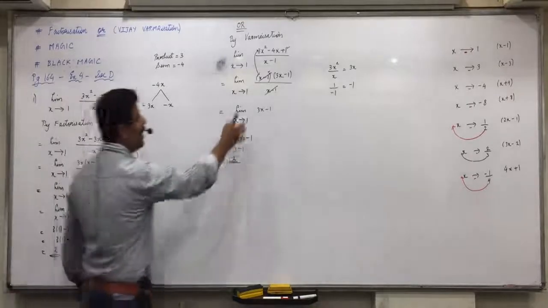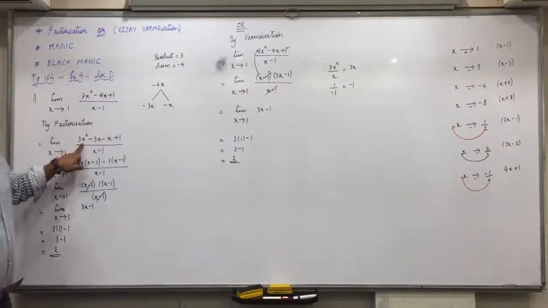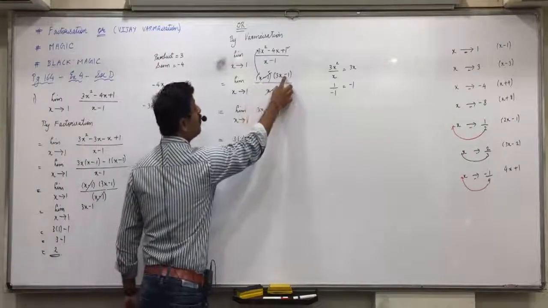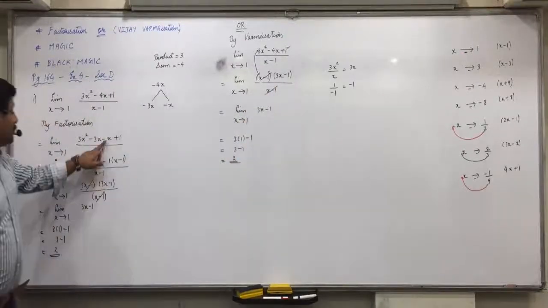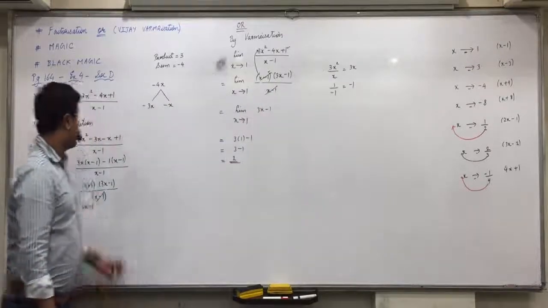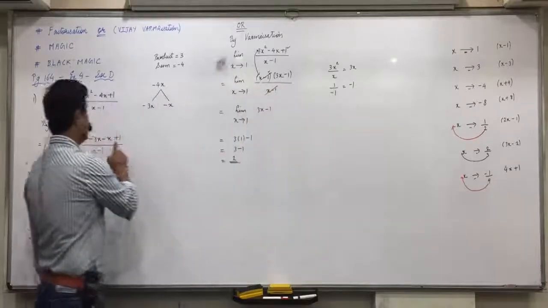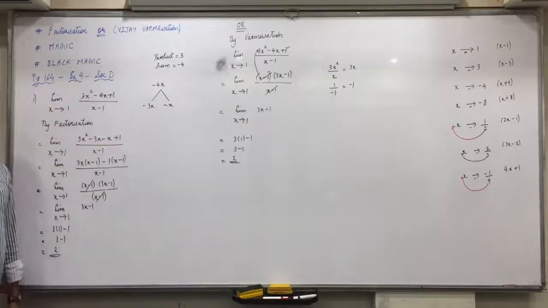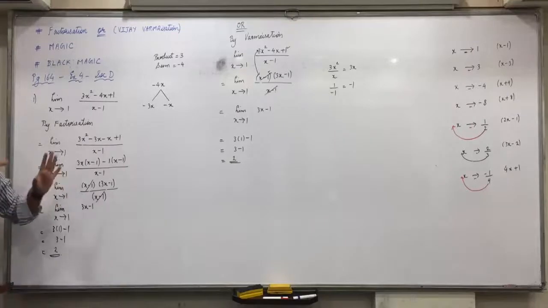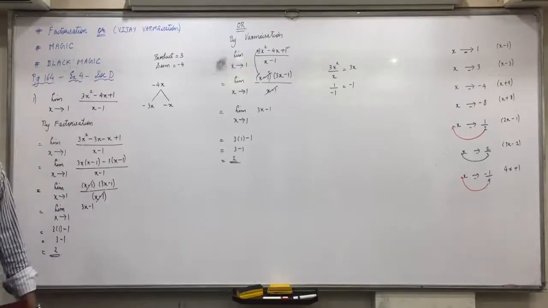Means what is x into 3x? 3x square. What is x into minus 1? What is minus 1 into 3x? And what is minus 1 into minus 1? And then you show in between the common factors. In case they insist that show the factorization, then leave 2 lines in between and show the factorization.